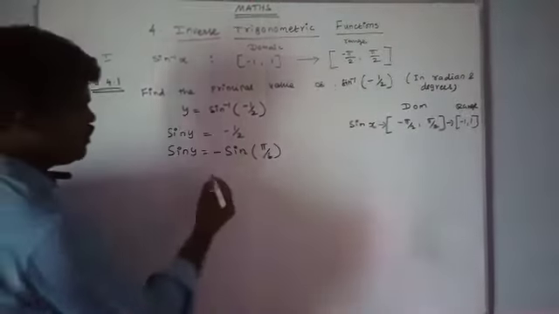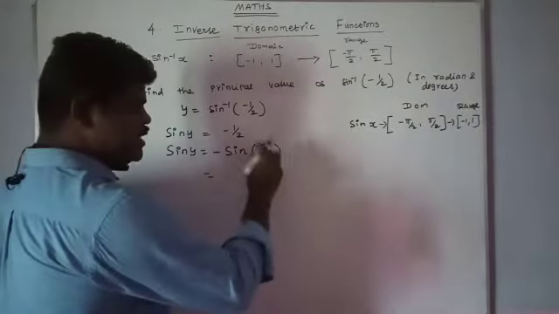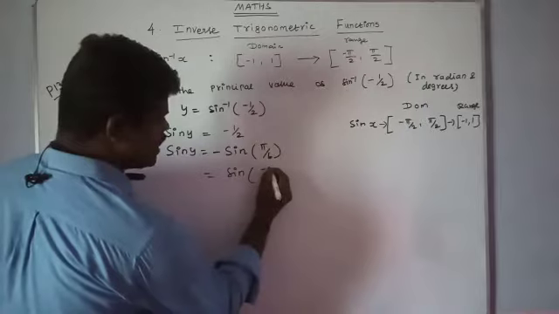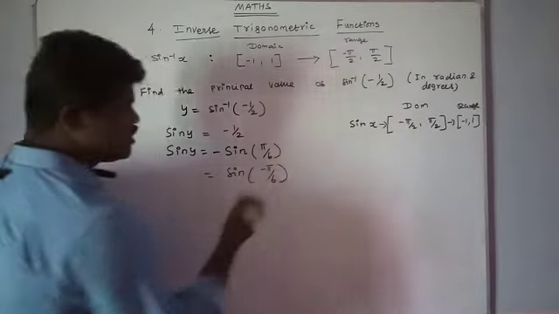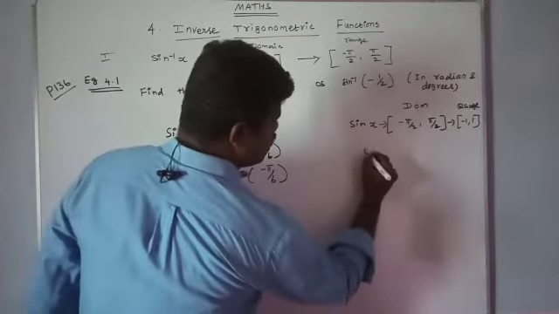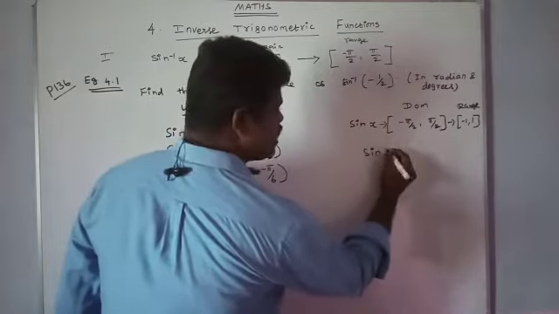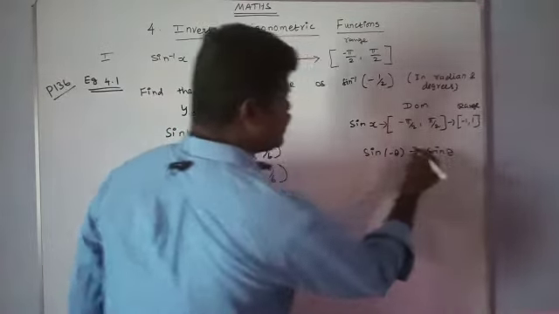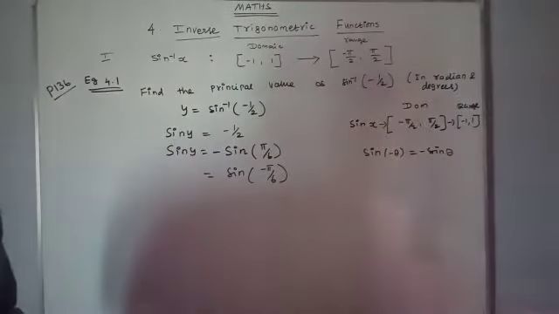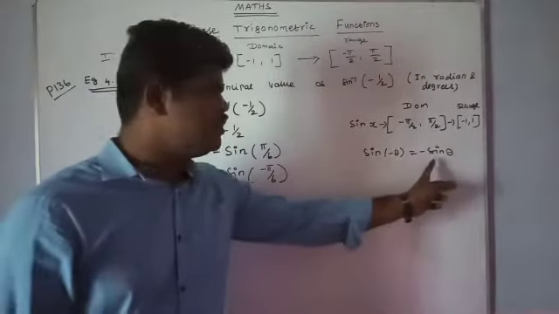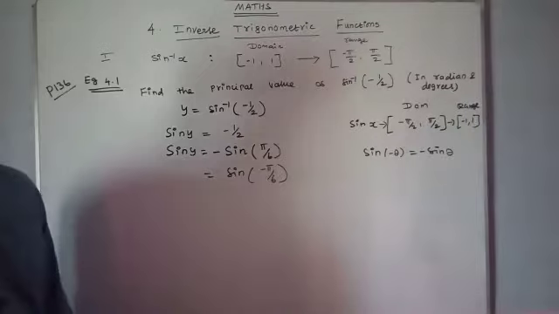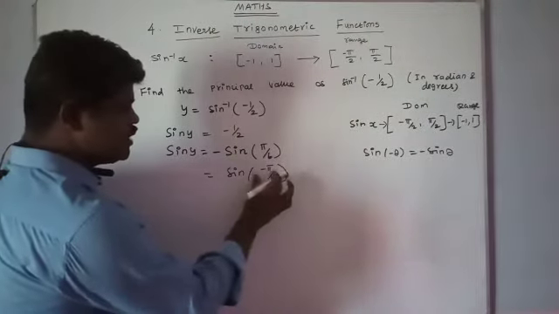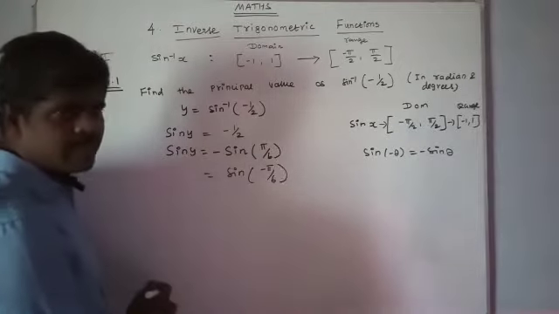And we want to get the minus inside the sin: sin of minus pi by 6. Because already you know the property from 11th standard, sin of minus theta is equal to minus sin theta.